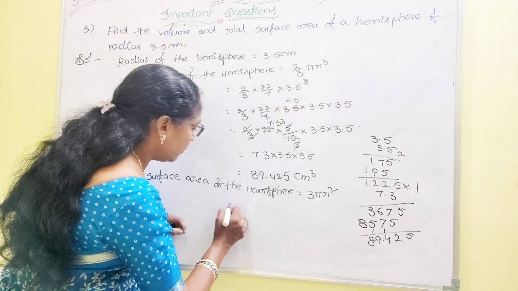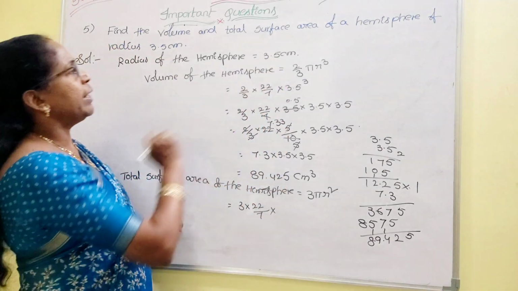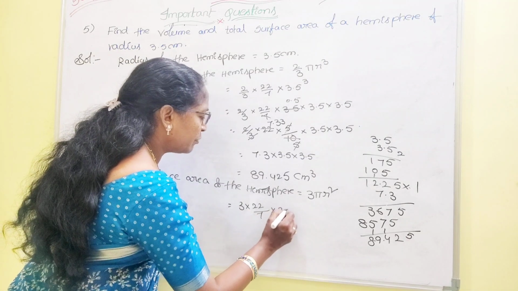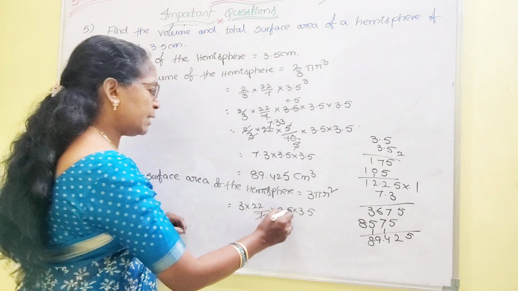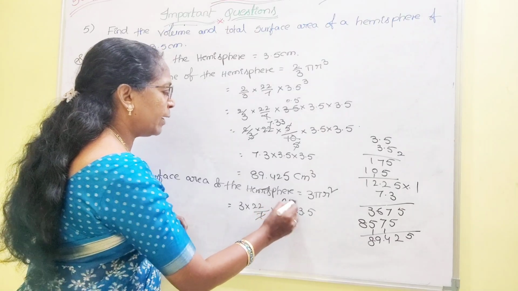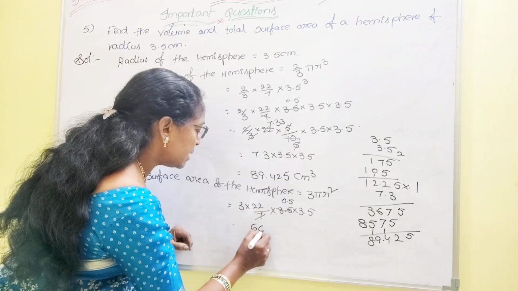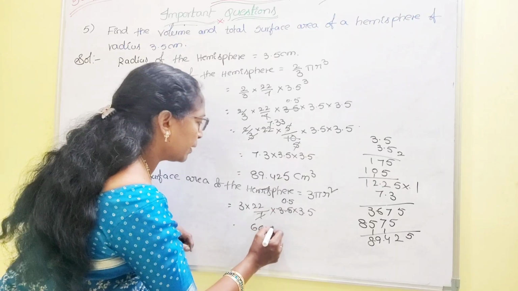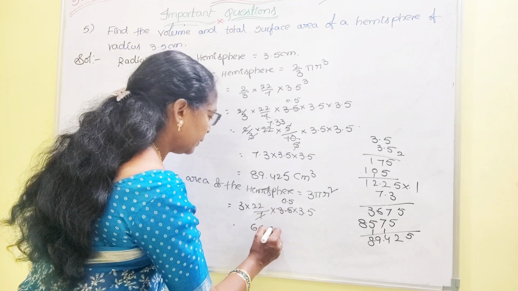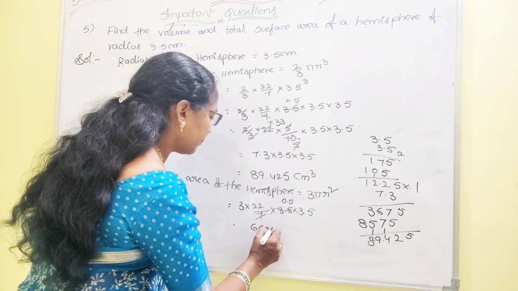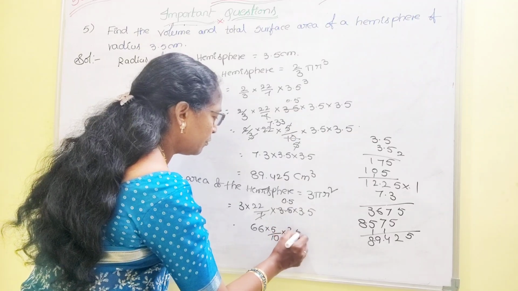So that equals 3 into 22 by 7 multiplication of r, where r equals 3.5 into 3.5. Again 7 in this 5 times, but here the point is there, so you also write the point. Now 3 into 22 is 66, into 5 by 10 you can write, 0.5, that means 5 by 10 into 3.5.